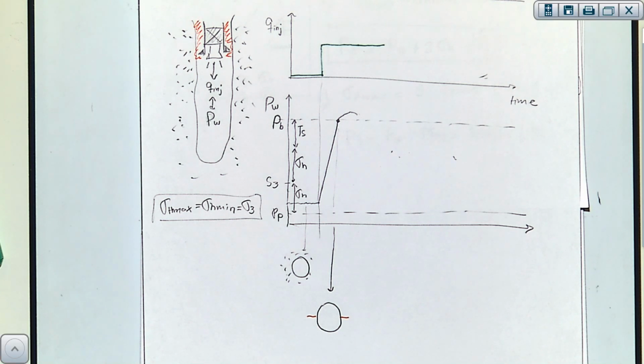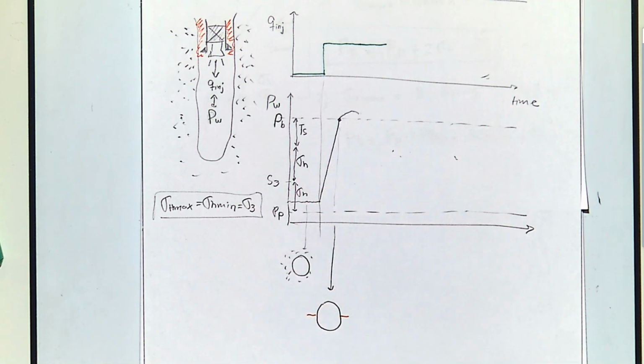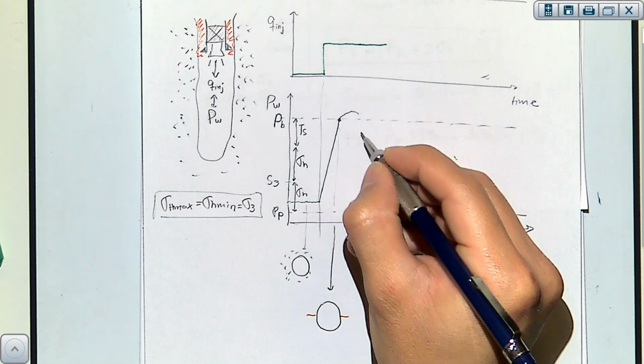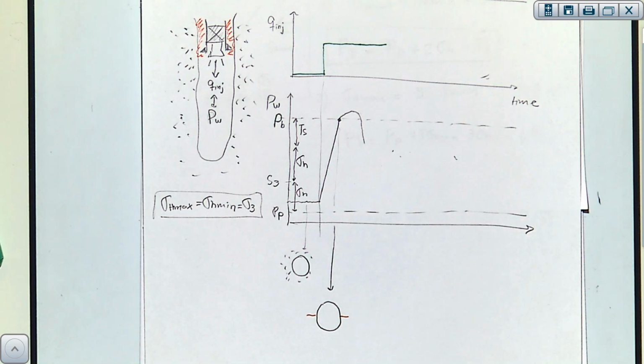So you open a new volume, and the fluid at the given injection rate has to catch up with how fast the fracture is opening. This one is going to decrease. The question is, how far is it going to decrease? And what is that value?